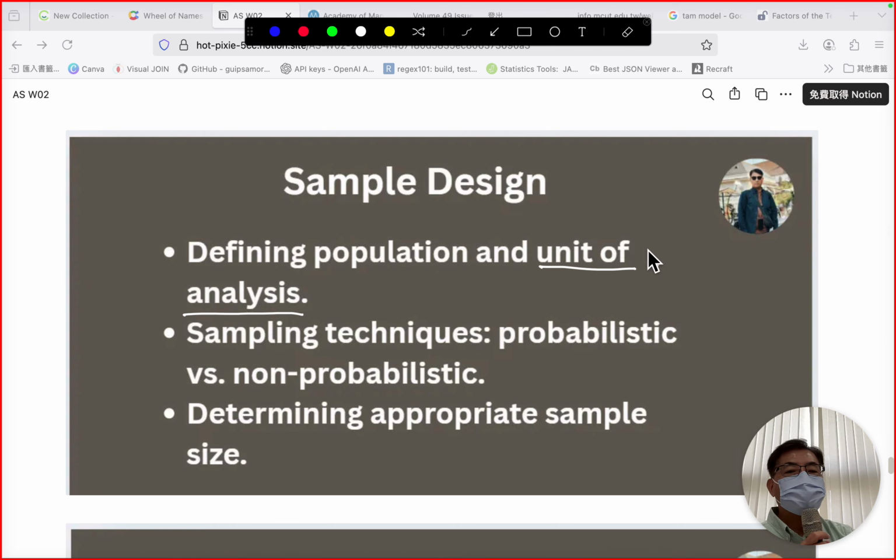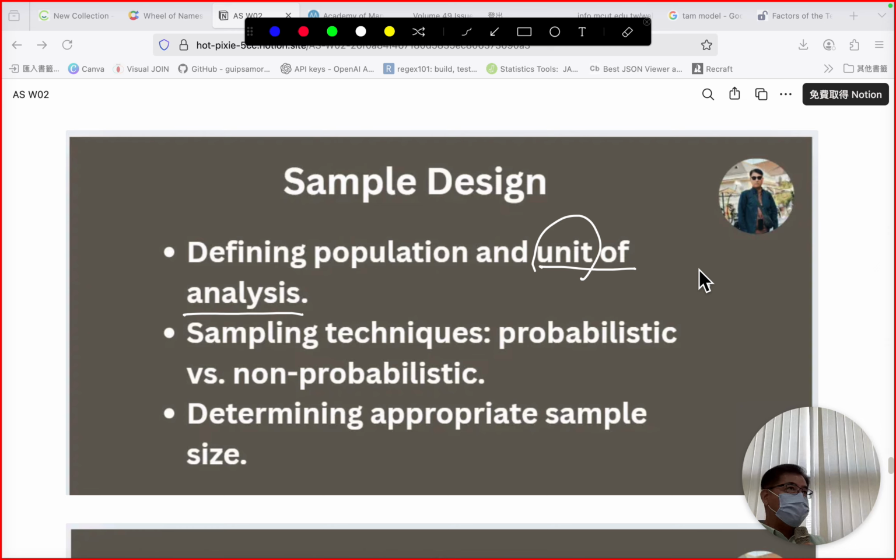The unit is your sample target or participants. The unit is an employee, a leader, or a team. It's a different level: employee, leader, team, department, or even company level.